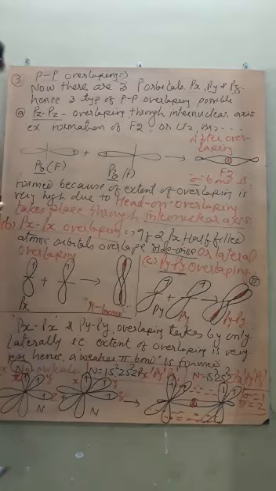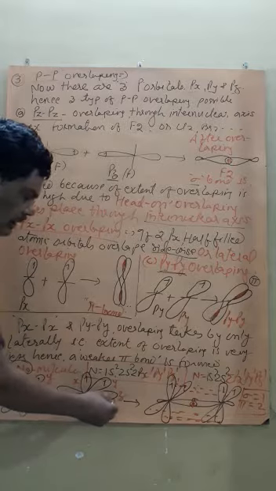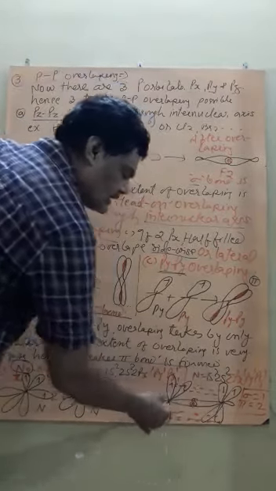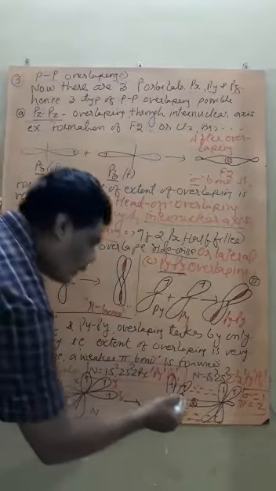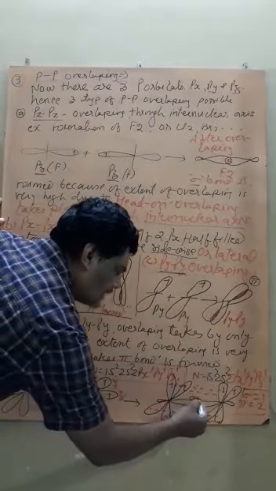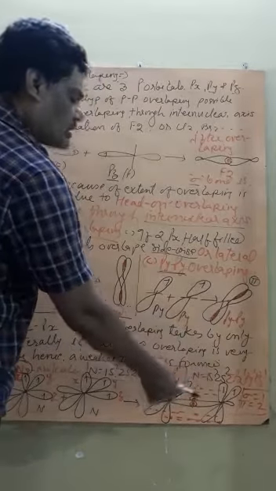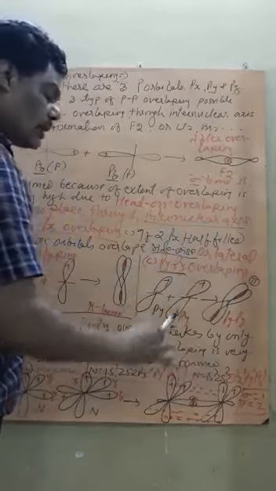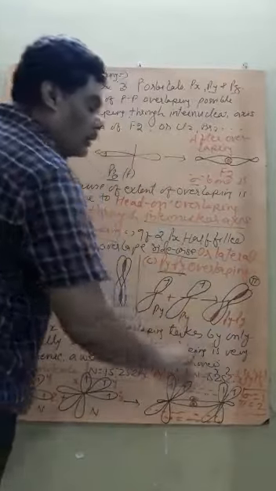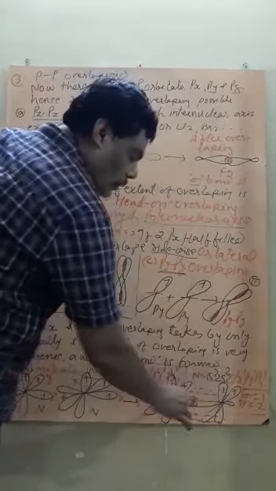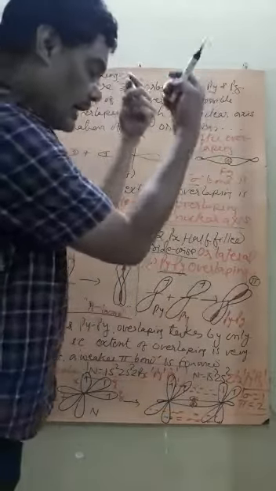When they overlap with each other, first the pz atomic orbitals of the two atoms overlap through the internuclear axis. Therefore, it will be a quite strong bond called a sigma bond. But the two other atomic orbitals, px and py, of the two nitrogen atoms will overlap only laterally, or you can say sidewise overlapping like that.